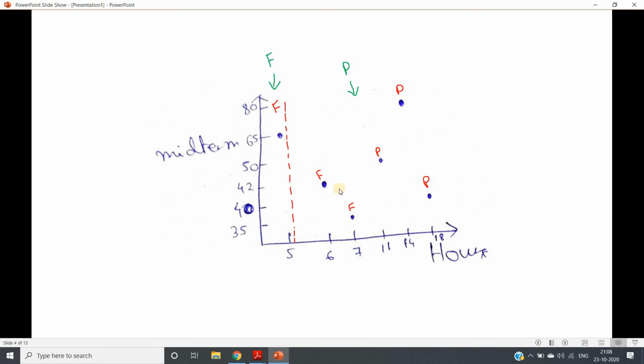But in the right hand side, see, actually these two are false or fail students. But for our model, the whole region is basically pass because the mode is pass, right? So although it is predicting these three properly, these two are coming under misclassification.